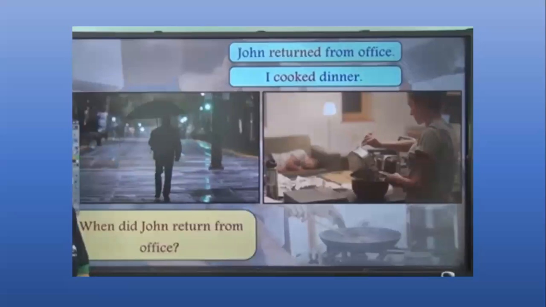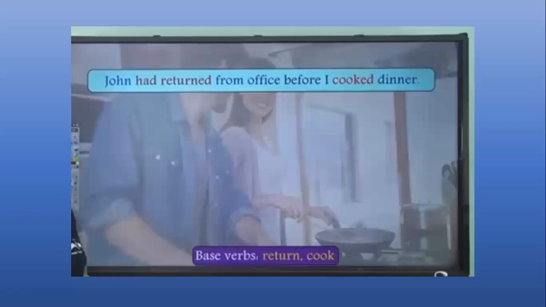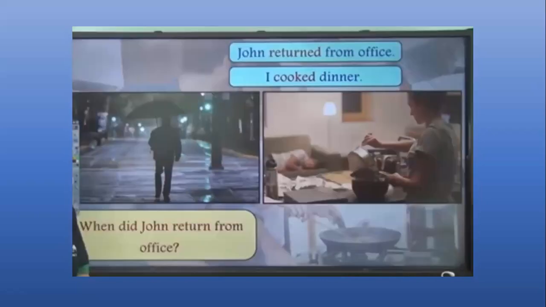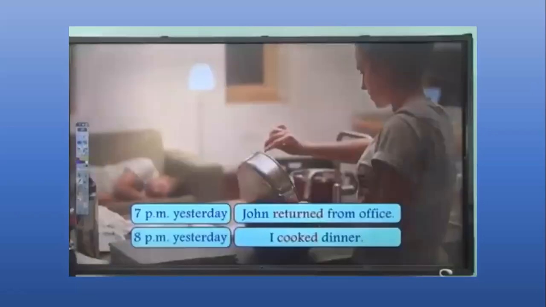So when did John return from office? John returned from office at 7 o'clock, means 7 p.m. So in what way are we going to write? The base verbs here are what? Return and cook. So John had returned from office. Just see, I am again, just check. John had returned from office at 7 p.m. Okay.